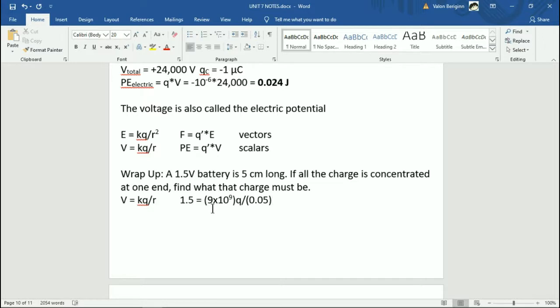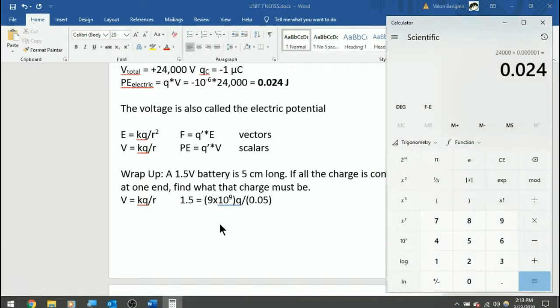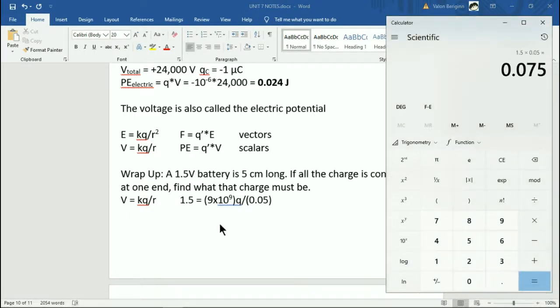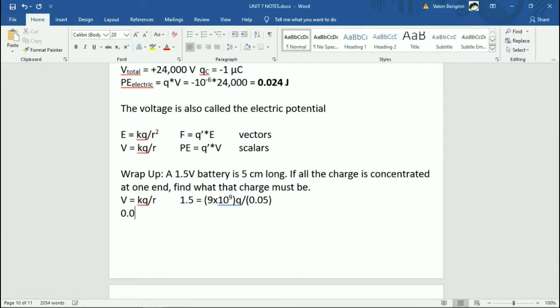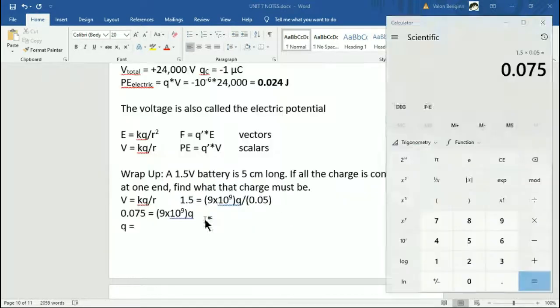So, what do we get? Let's see, 0.05 times 1.5 is 0.075, equal to 9 times 10 to the 9 times Q, and then just divide by that to solve for Q, which is going to be divided by 9 times 10 to the 9, which is 9 billion.